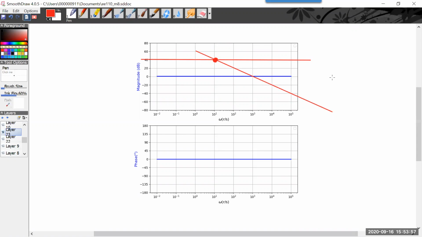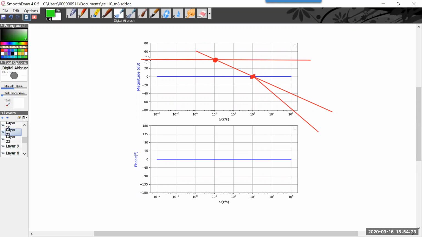Okay. And then rather than try to calculate where that line should be, just go to the next breakpoint here and know that it's going to be 40 dB per decade. So rather than here, it's there.